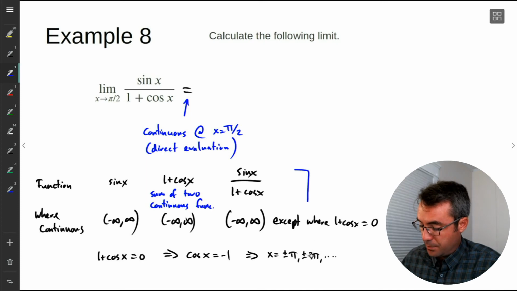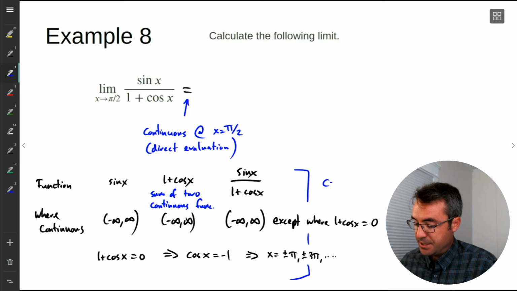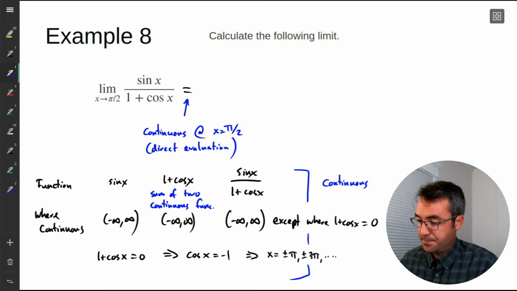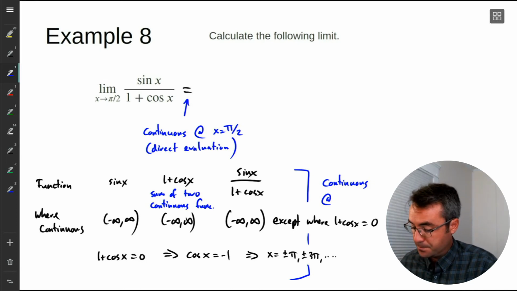So our function is continuous for all real numbers except for these odd multiples of pi. And really all we're interested in for this problem is pi over 2.